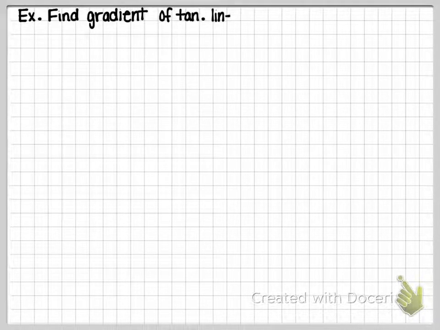I'm just going to put tan line. Remember, gradient is just a fancy word for slope, but we should try to use gradient as much as we can. And please remind me to use the word gradient.